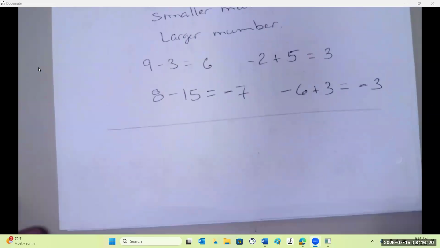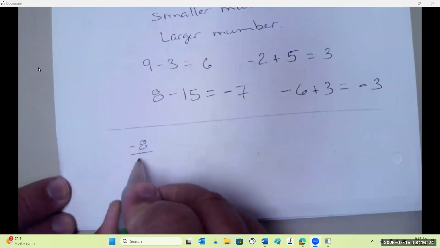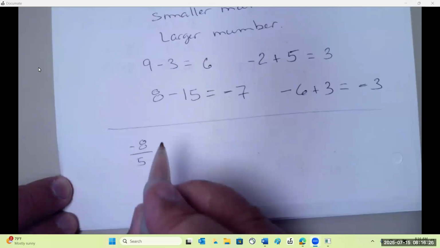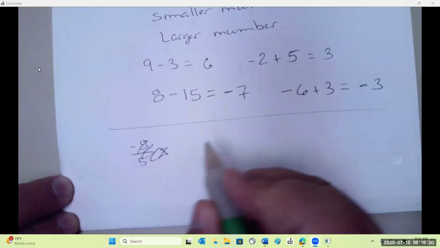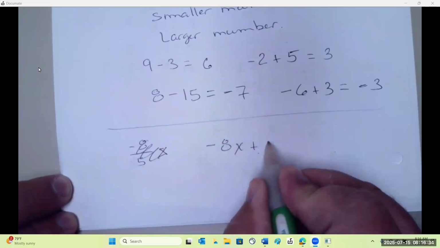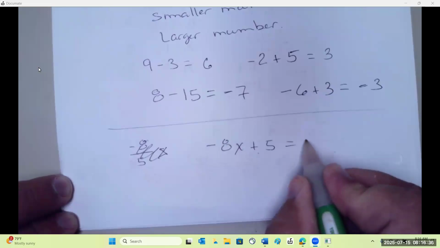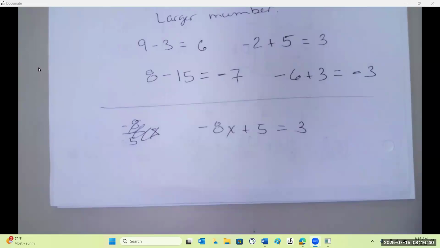What I'm getting to is something like this. Let's say we had this. How would we solve this?